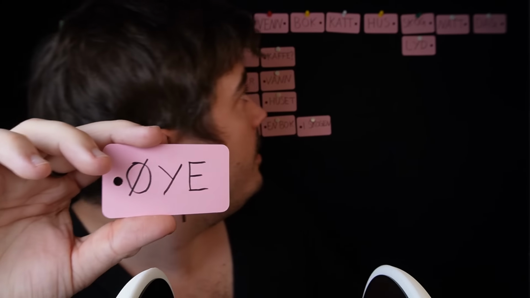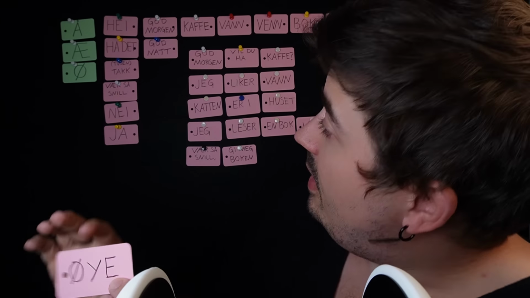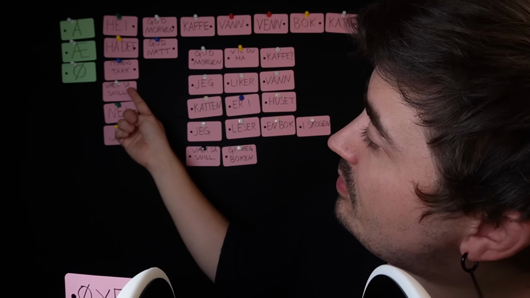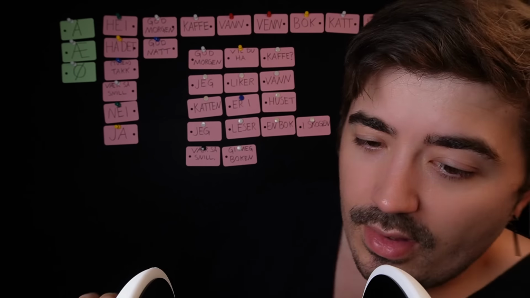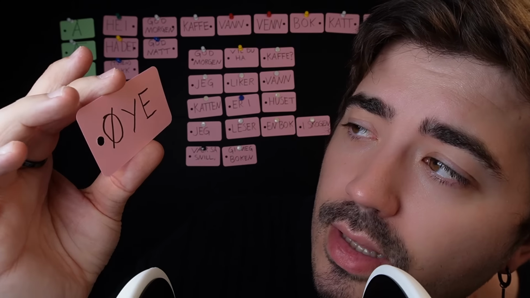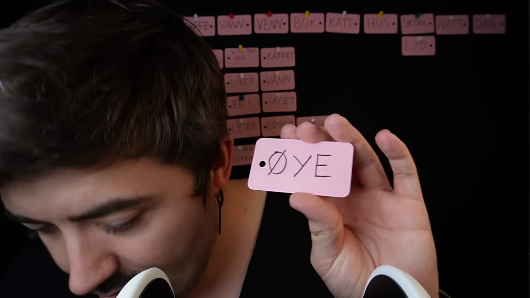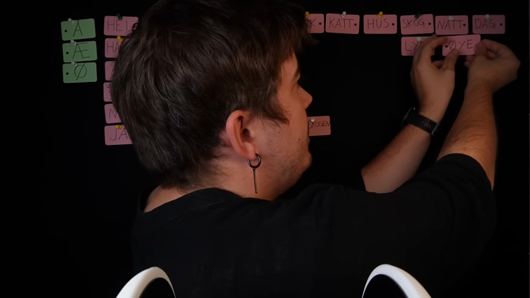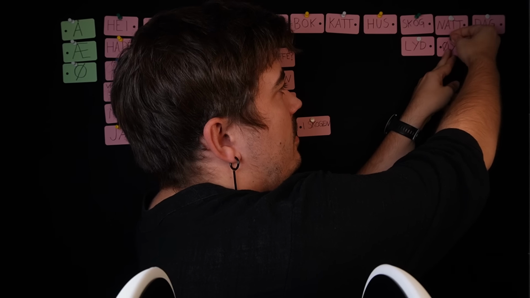No, it's not. I guess we had vær så snill, which uses the O. But this is the first word specifically we're learning that is using one of the Norwegian letters. Øye. Øye. Let's place it up here, roughly.